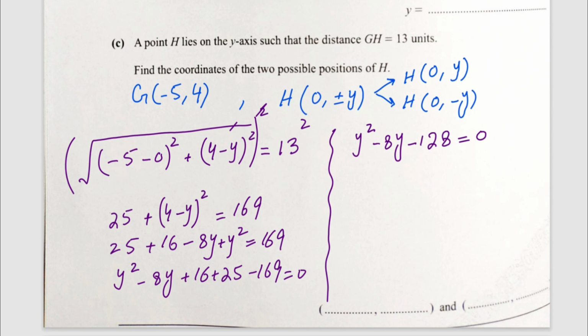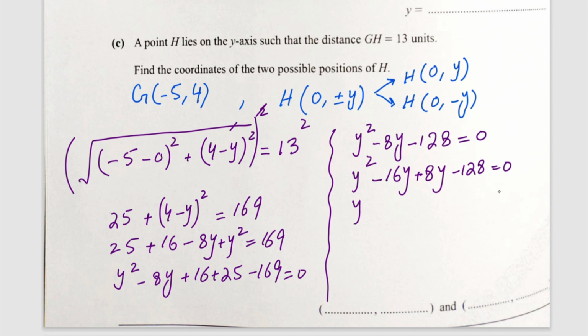Now we will think about the factor pair of 128. 128 cannot be divided by 14, so 16 times 8, yes, 16 times 8 is 128. So y square minus 16y plus 8y minus 128 equals 0, because minus 16 plus 8y is minus 8y.